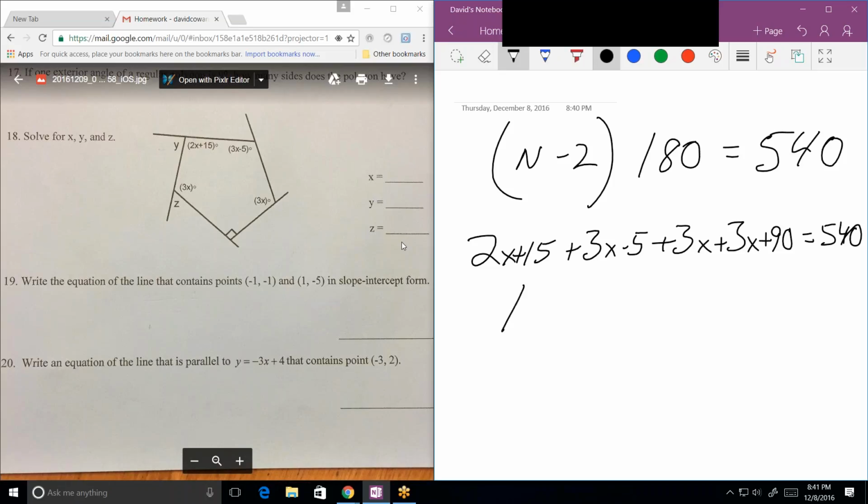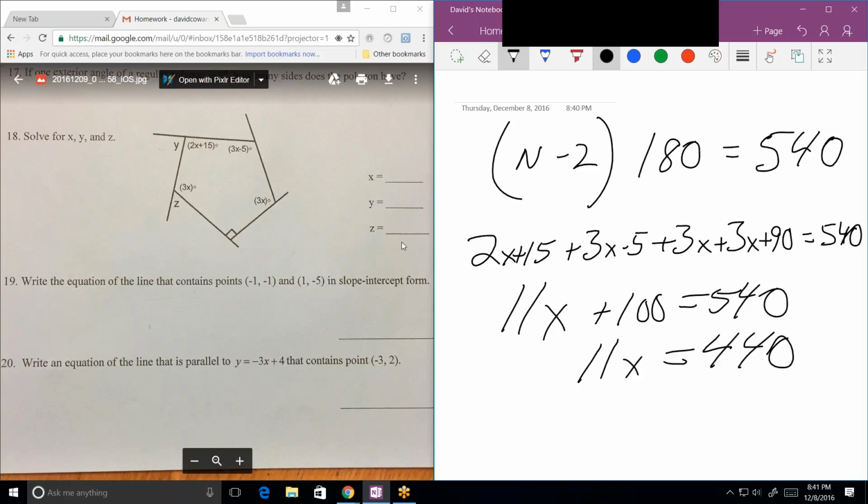So we got 11X. How many numbers we got? 100. So 11x is equal to 440. X is equal to 40.